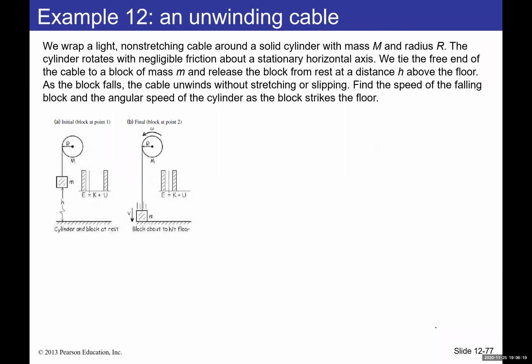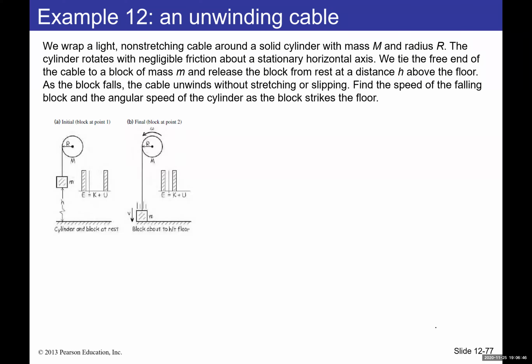Okay, all right, so then I'm going to give you an example of how to use a problem dealing with a pulley that is rotating. That means now you have to take the pulley into account. So we wrap a light, non-stretching cable around a solid cylinder with a mass M and a radius r. The cylinder rotates with negligible friction about a stationary horizontal axis.